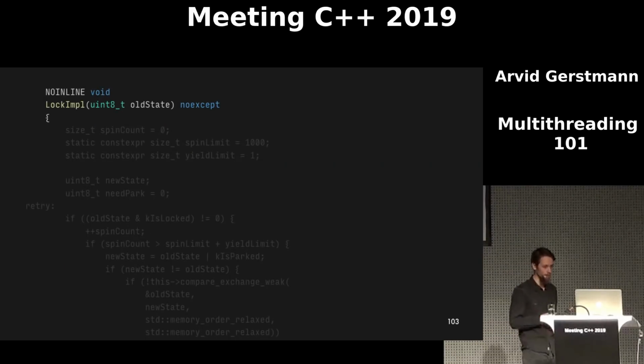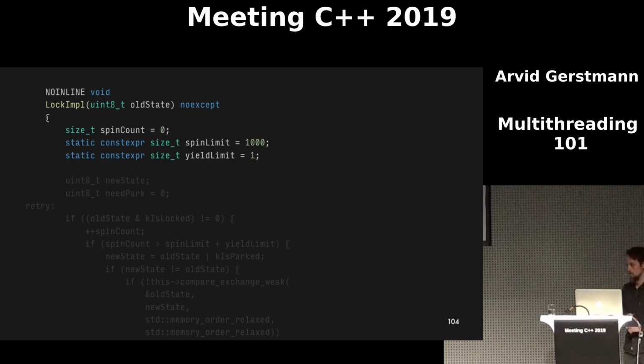So let's look at lock impl, which is the actual nitty-gritty detail of this mutex implementation. This is pretty similar to what Bryce presented yesterday in his spin lock implementation. We have a limit of how many times we want to spin, how many times we want to yield, and then there's the spin count.